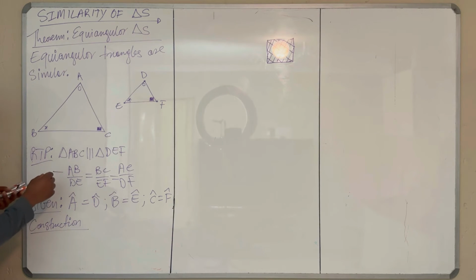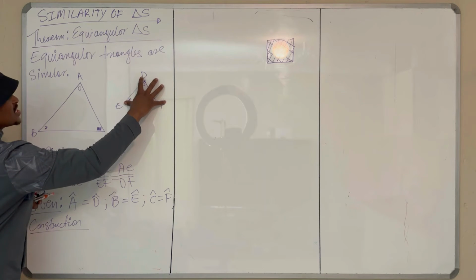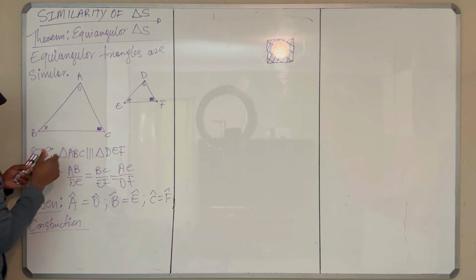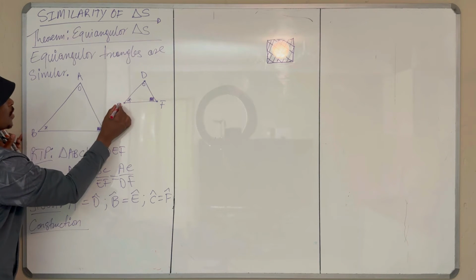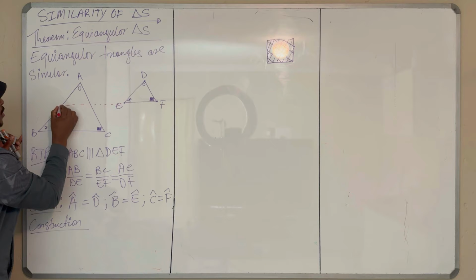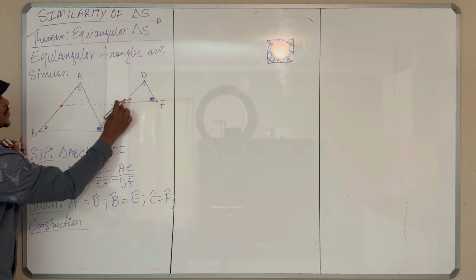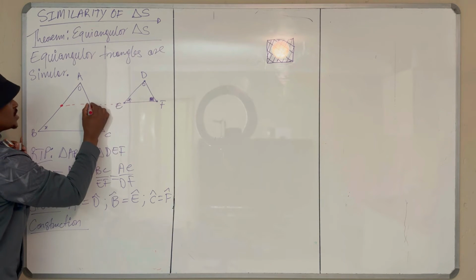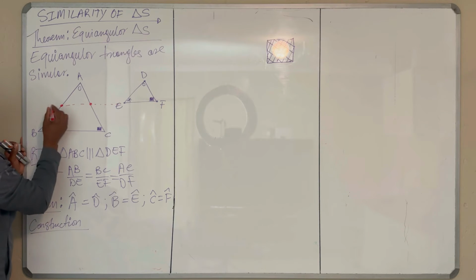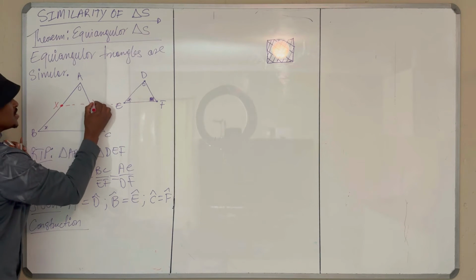So what we're going to do is take a copy of this triangle and paste it here. When you paste it here, can you see? This part will sit here, and that part F will sit maybe there. So let's say this is X, and this is Y over here.